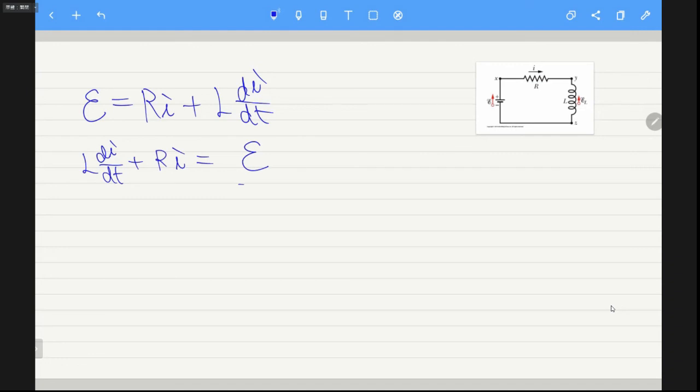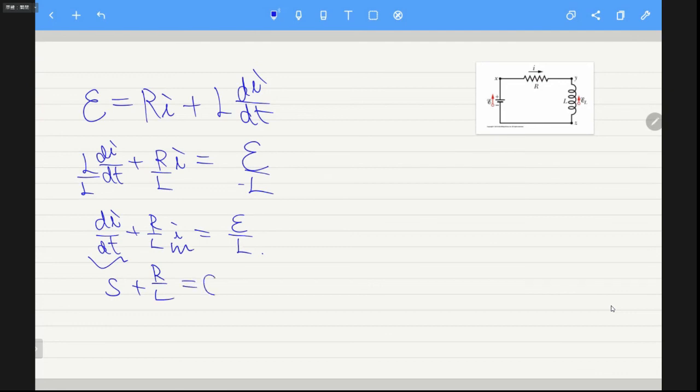Let us divide by L on both sides. So we have dI dt plus R over L times I equals E over L. And then we can change this one to s plus R over L equals 0, so s equals negative R over L.